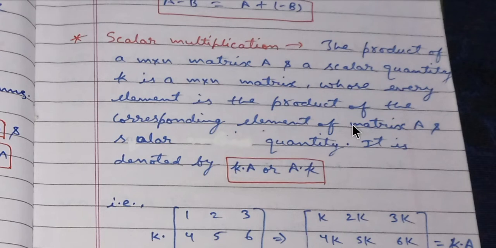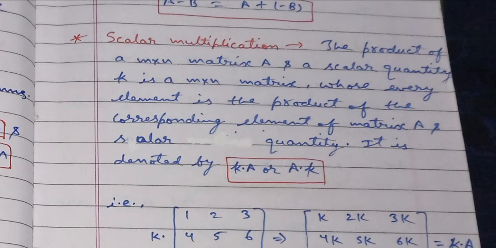This says the product of an m cross n matrix A, look here at one thing. Here we have to do a scalar multiplication. Scalar multiplication means we have to multiply one matrix with a scalar number, a scalar quantity. So what is the scalar quantity?